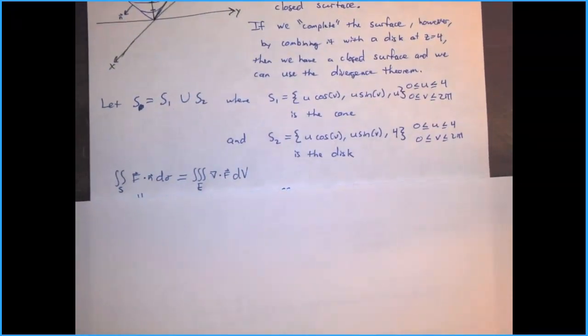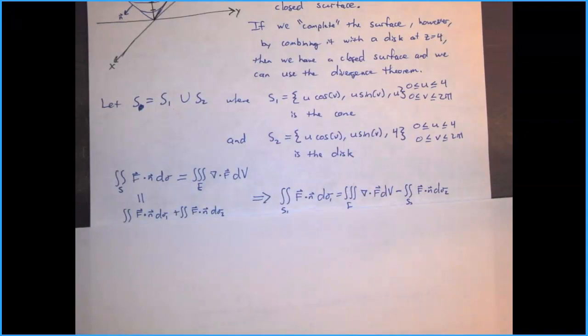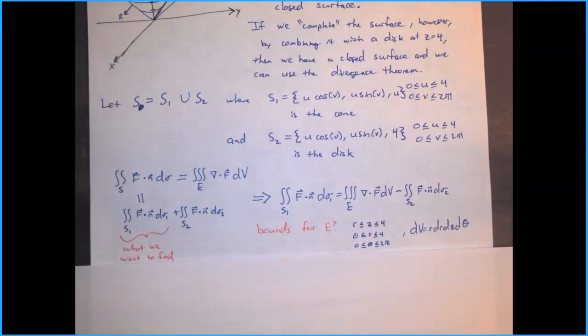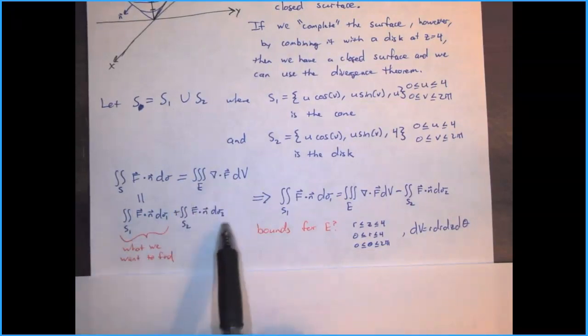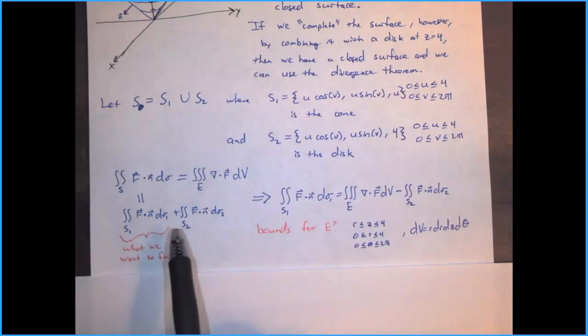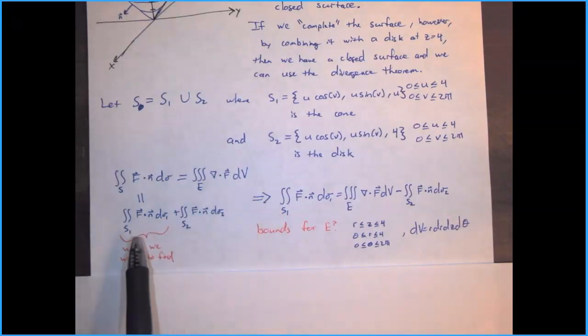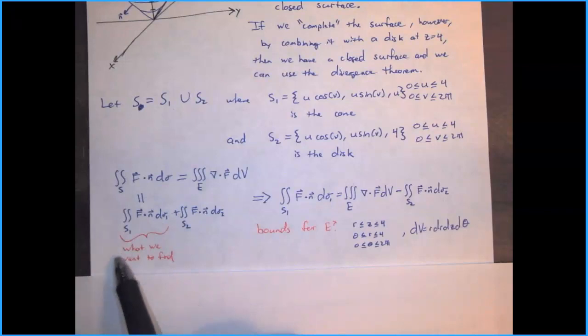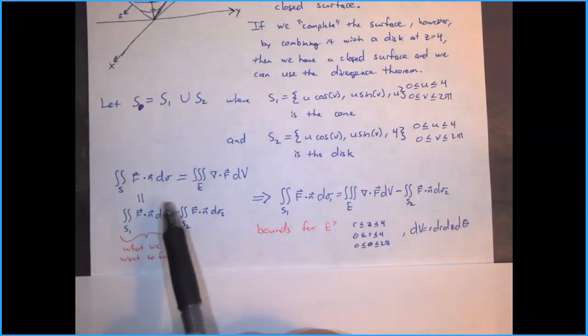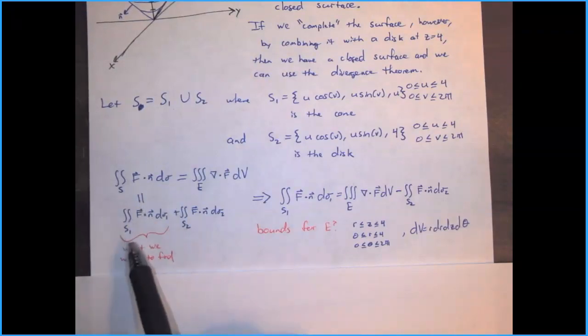Now the trick here is that this flux integral we can split into two flux integrals, where S1 is the flux across the cone and S2 is the flux across the disk. So the flux across our entire surface is the sum of these two flux integrals. But the problem only asked us to find the flux across the cone. So this is really what we want to find. This is going to be our answer. We could just compute this. This would be our answer.